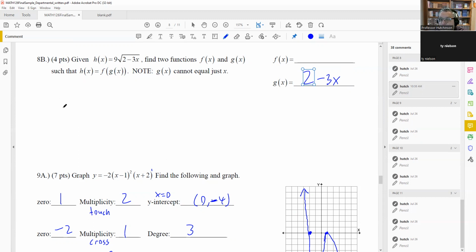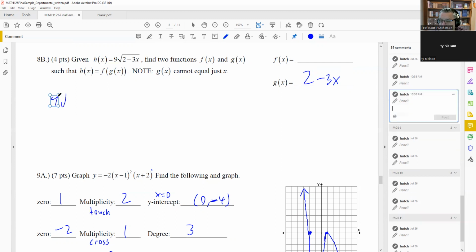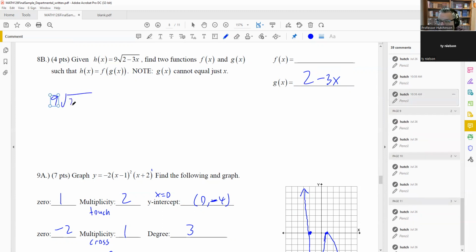As I mentioned yesterday, what you do to find the f is, here is what it originally started at. We're going to take out the inside thing and then replace it with an x. That becomes now your f of x function.